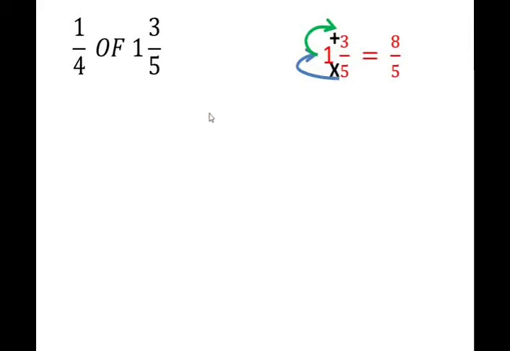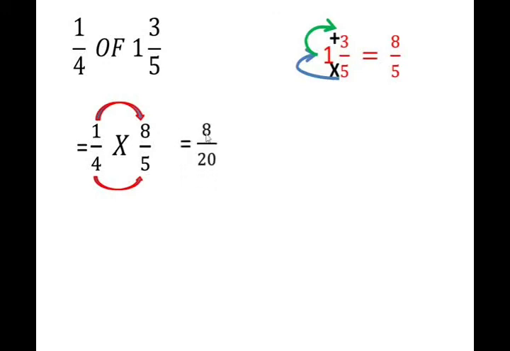Okay, so now we have 1/4 times 8/5. I changed 1 and 3/5 to 8/5. The rule now is to multiply my numerators and denominators with each other. So 1 times 8 as the numerator gives me a numerator of 8. And 4 times 5, which are my denominators, will give me a denominator of 20.